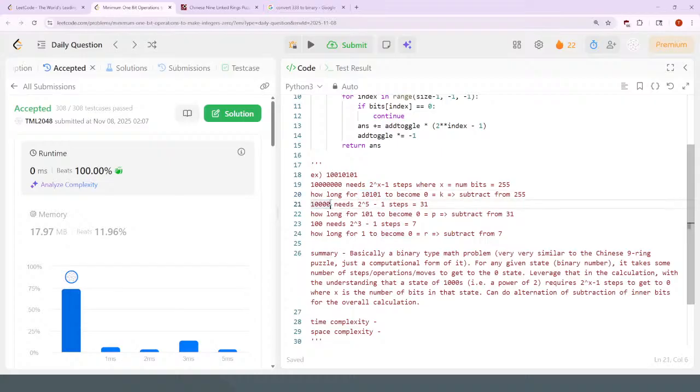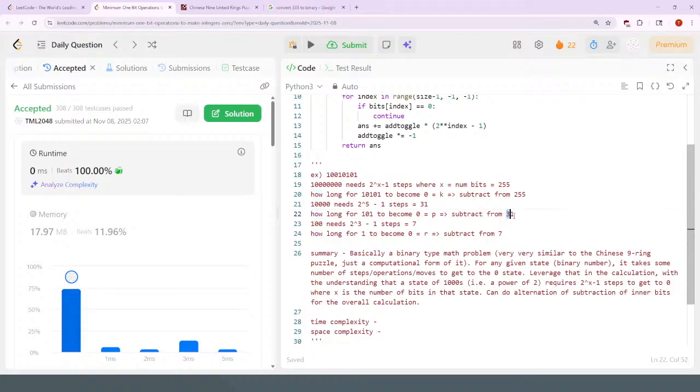You can also do this recursively, I think. But how many steps to get from here to become 0? Well, that's 2 to the power of 5 because 5 is the number of bits there minus 1. So that's 31 steps overall for that. Then you want to get the 1, 0, 1 to become 0. Let's say that's p.